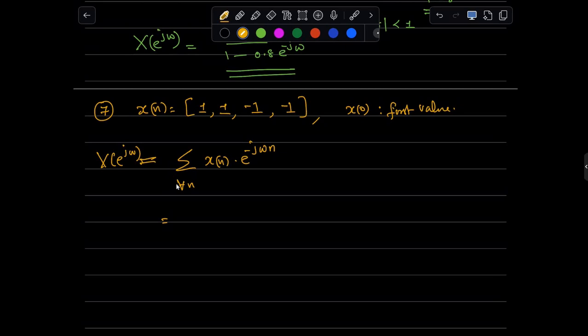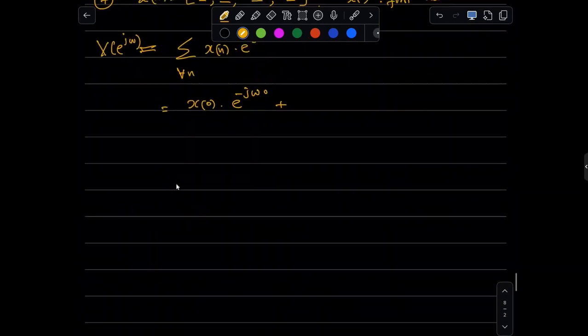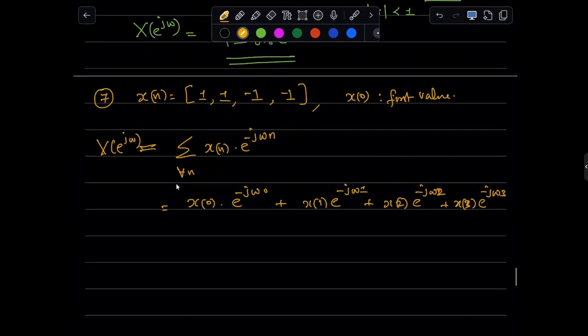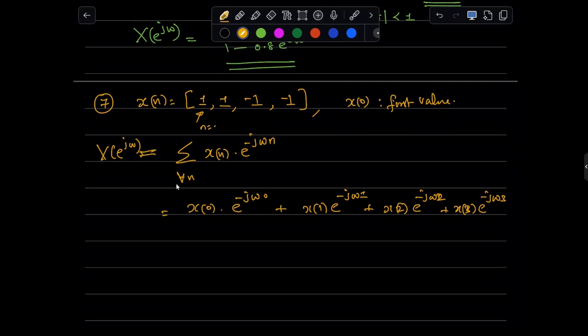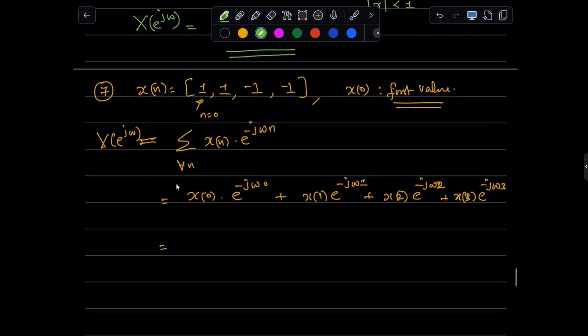So this becomes x of 0 times e power minus j omega 0, then x of 1 times e power minus j omega 1, x of 2 times e power minus j omega 2, plus x of 3 times e power minus j omega 3. The point with n equal to 0 is already given in the question. So the first two values are 1, and the other two values are minus 1.